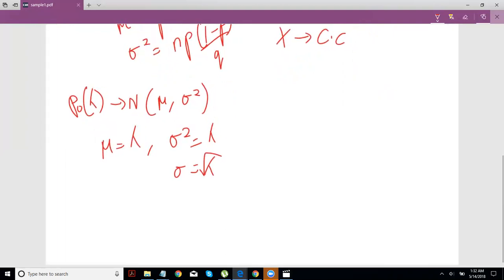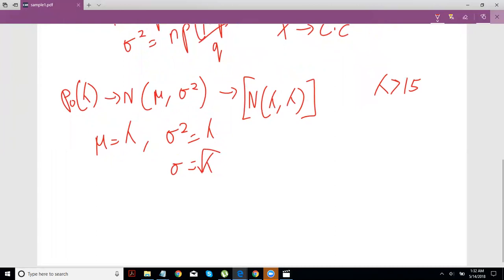What it then looks like when you approximate is: mean is lambda and variance is also lambda. The idea here is if lambda is large enough, I think it's greater than 15, you can assume that it would be similar enough to result in a bell-shaped curve, so a normal distribution.